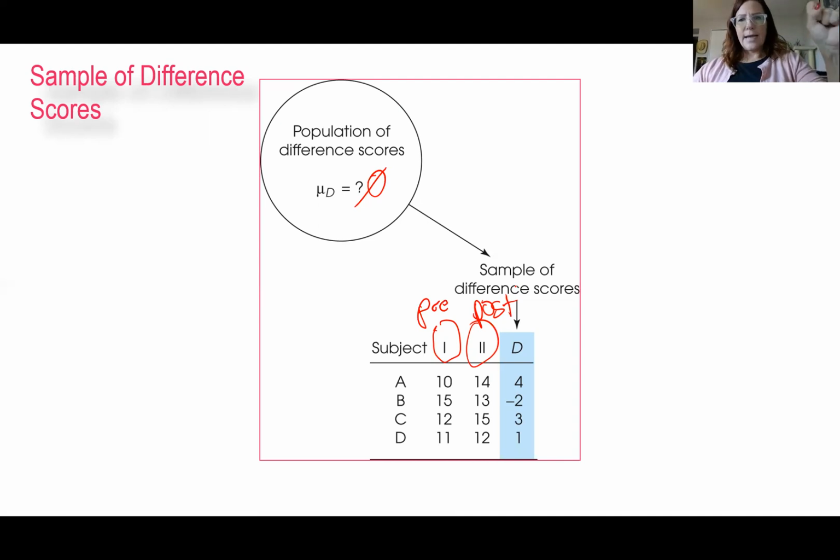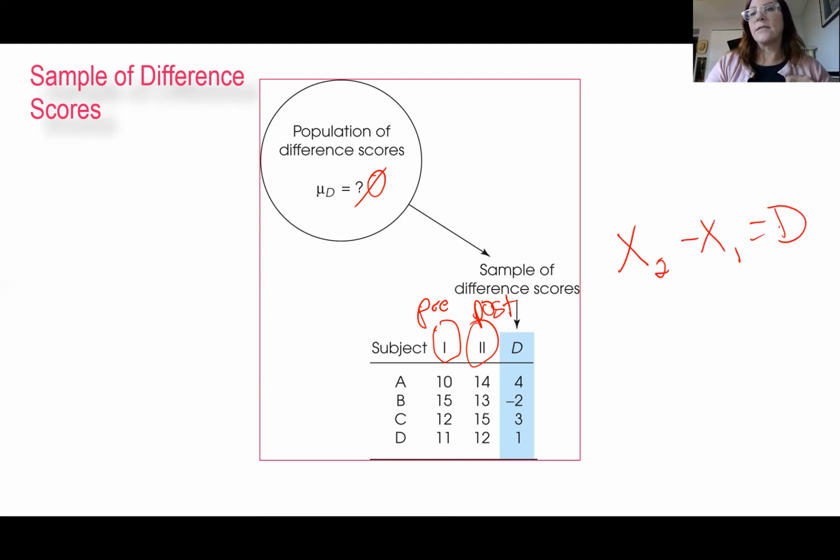In this case, if we went left to right, it would be 10 minus 14. Remember, because we're doing X2 minus X1 to get the difference. If we didn't do that and just went left to right, this would have been a -4. Person B would have been a +2 if we went left to right.